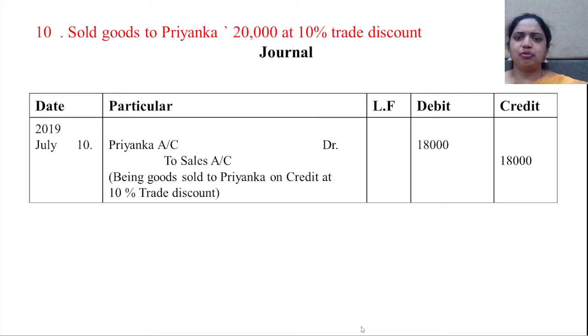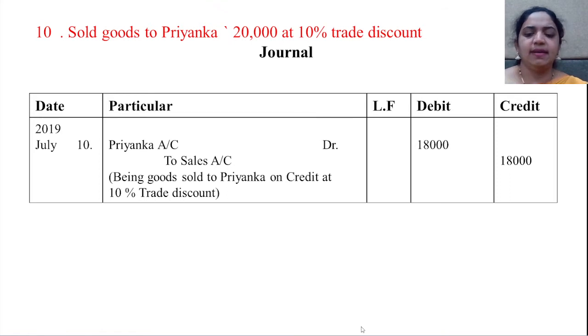Got it, everyone? It is very easy, you just have to apply the formula. Whatever amount comes, deduct it from the main amount and directly write it on the debit side. So that is Priyanka account debit to sale, because Priyanka is the receiver and sale is an income. And you will write the narration: being goods sold to Priyanka on credit at 10% TD. Got it, everyone? Yes or no?